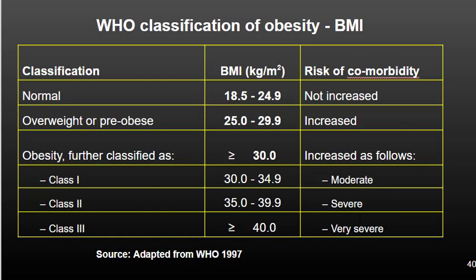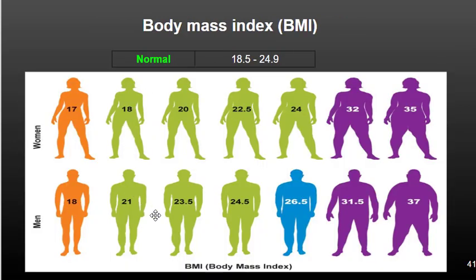So in green here, we've got examples of people that are in the normal body mass index range between 18.5 to 24.9. And then we've got some examples of people that are class 1 obese and class 2 obese above 35. In orange, we've got people that are classified as underweight, less than 18.5.